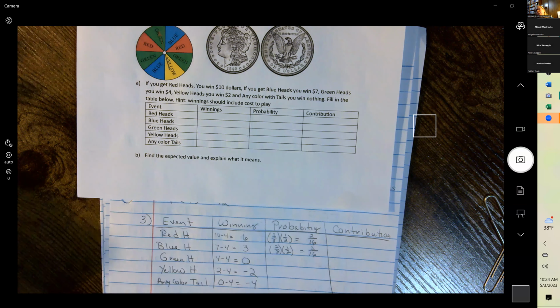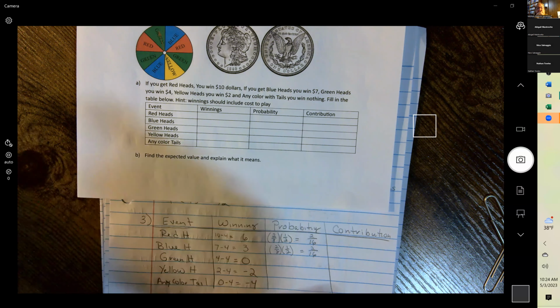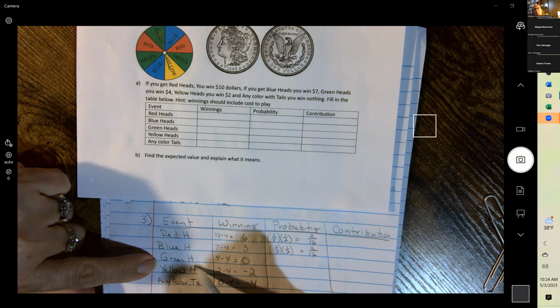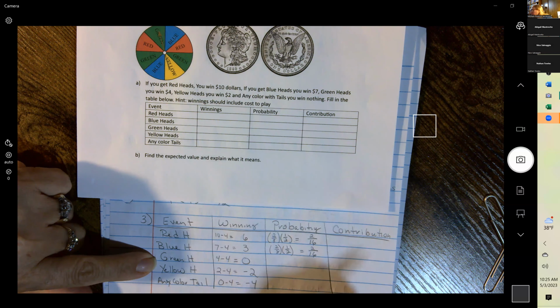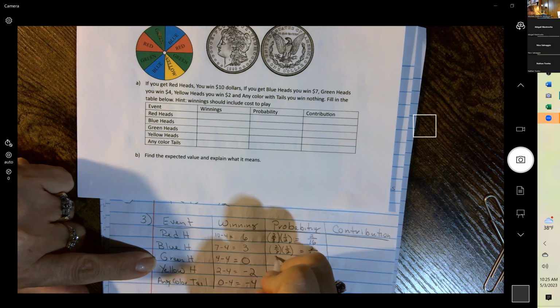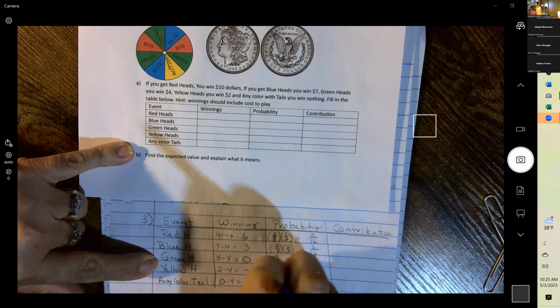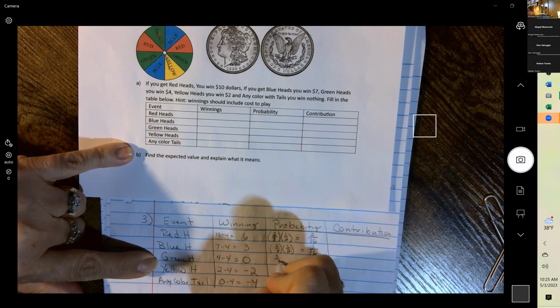Now, if you wanted the decimal, you could divide them and get the decimal. Green heads. What's the probability of spinning a green? 3/8. And the heads, of course, didn't change, so it's still 1/2.